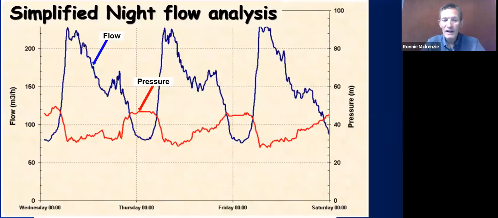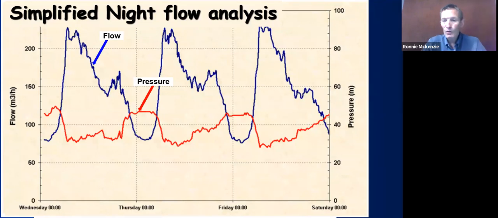But what's quite interesting, here's a 3-day logging result. The flow, as you can see, is in blue, and the corresponding pressure is in red. Now, this is the flow and pressure recorded at a water meter going into a zone. There is no pressure management here. The zone is discrete. It's a residential zone.